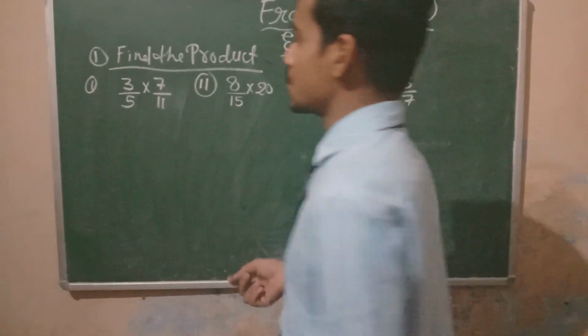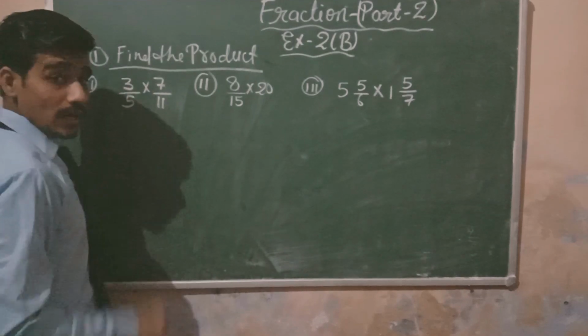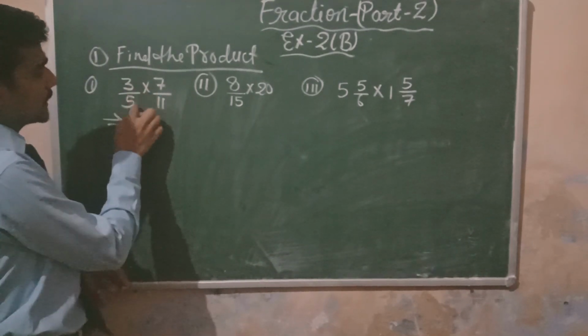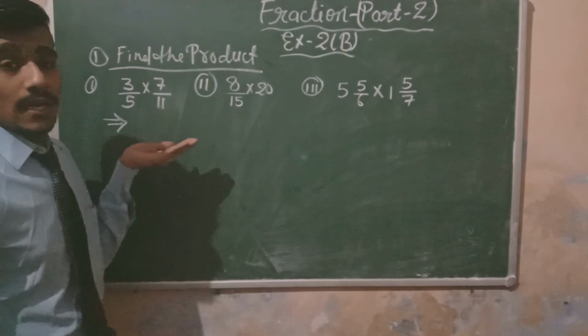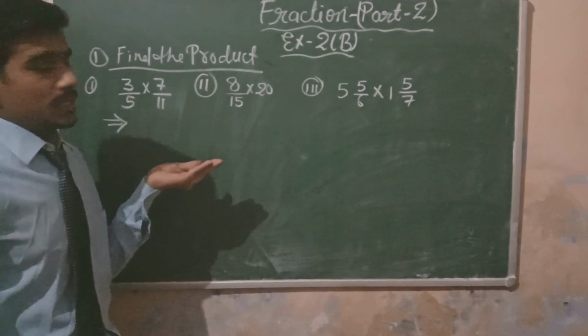Look at here. First question is 3 upon 5 into 7 upon 11. This is the numerator and this is the denominator.